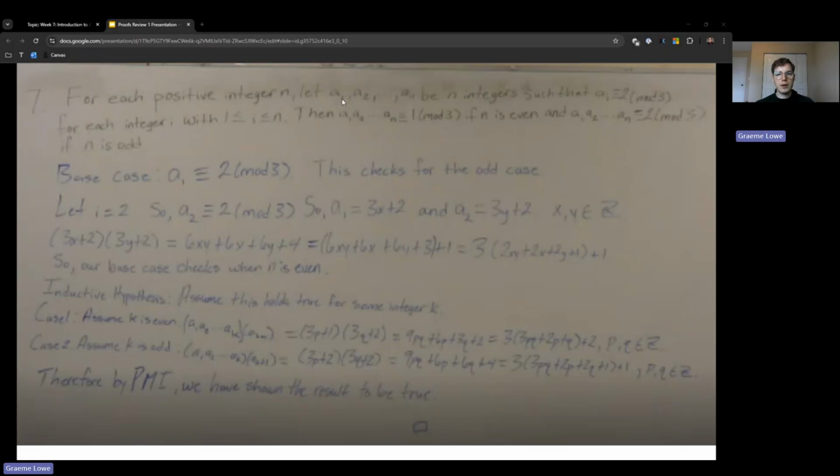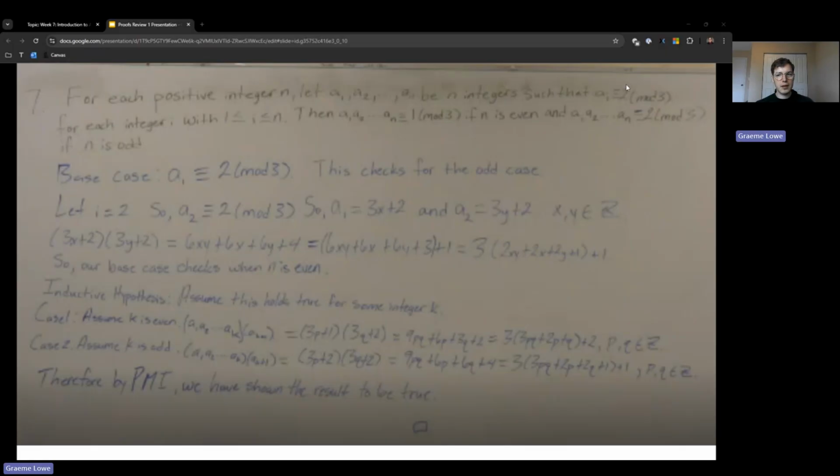And for each of the elements in this series, they're of the form 2 mod 3, which is basically another way of saying that each element is divisible by 3 and then has a remainder of 2. So that's an easier way for me to state this first sentence of the result.